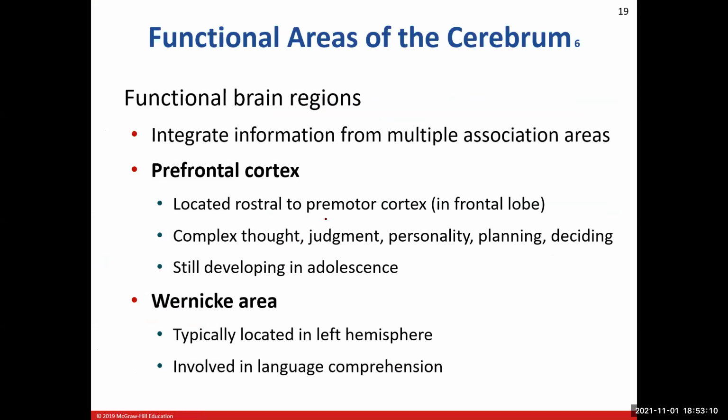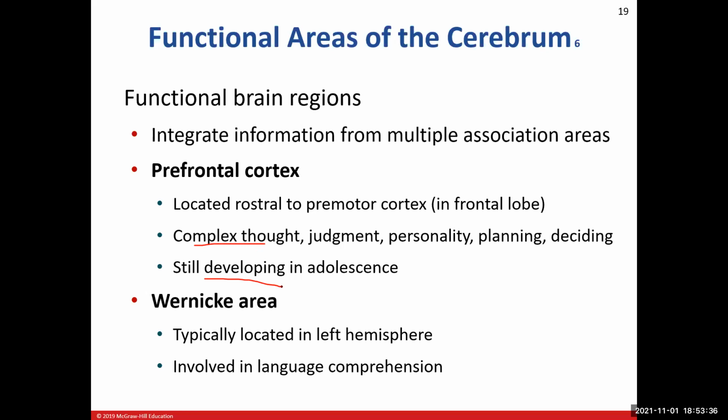So this area is found in front of all those motor regions. Complex thought, judgment, personality, planning, decision making, all of that is found here in the prefrontal cortex. It's important that you understand it is still developing during adolescence, and adolescence can run through the teenage years to the early 20s.